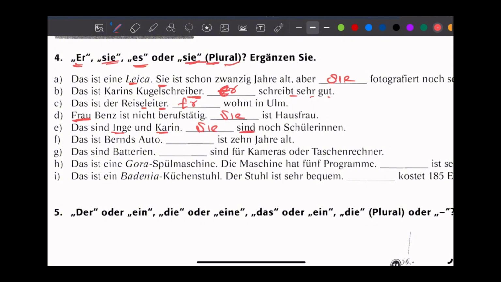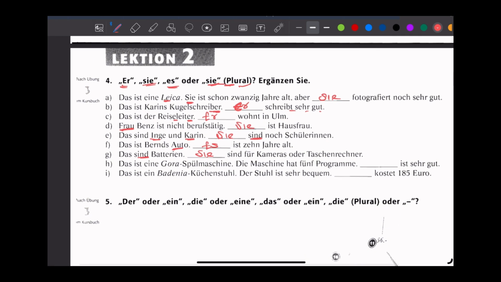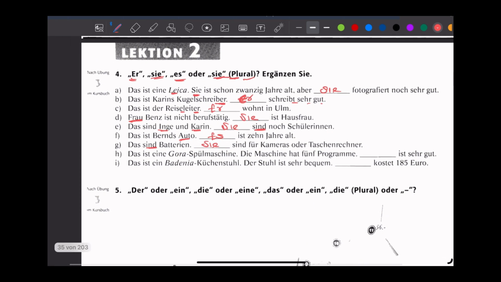Das ist Bens Auto. Es ist Auto. Das ist 10 Jahre alt. Das sind Batterien, plural. Sie sind für Kameras oder Taschenrechner. Das ist eine Waschmaschine. Die Maschine hat 5 Programme. Sie ist sehr gut.